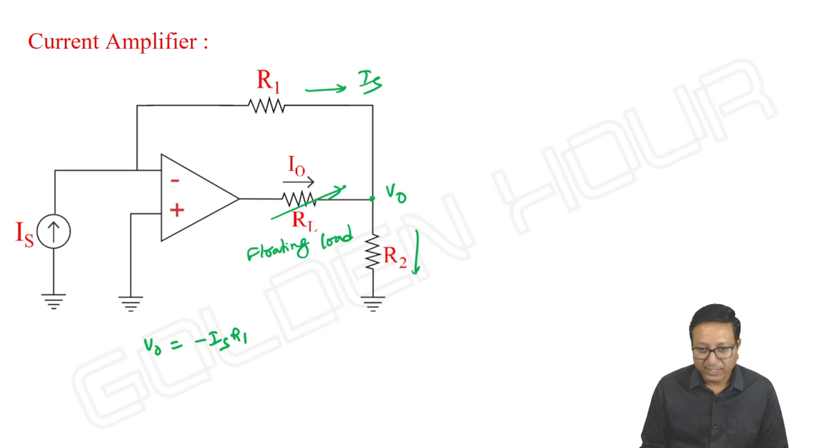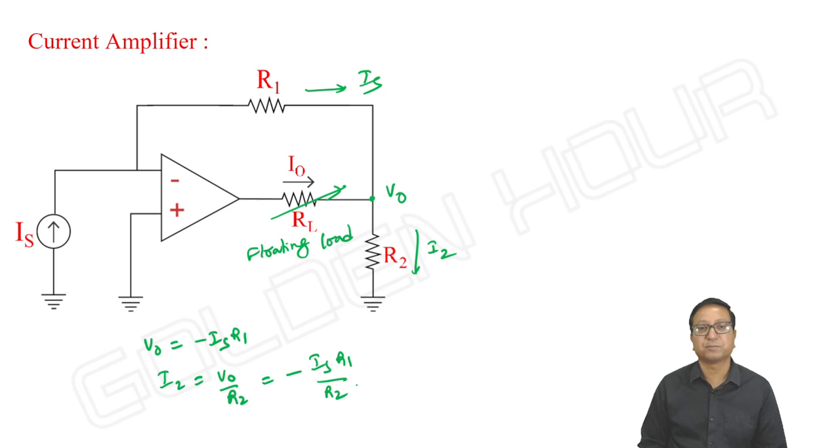Let me take this current as I2. So I2 is equal to V output by R2, that is minus IS into R1 by R2. Then you take the node equation.